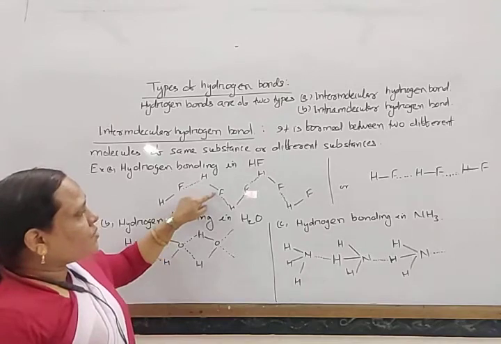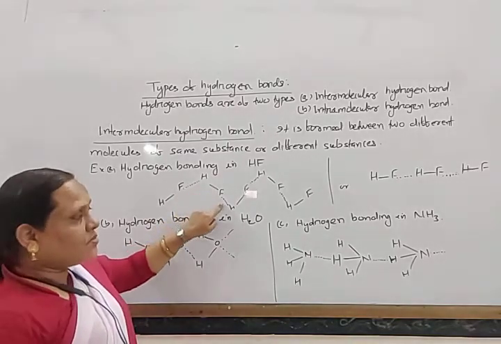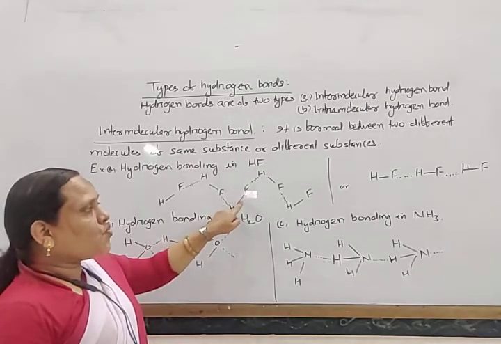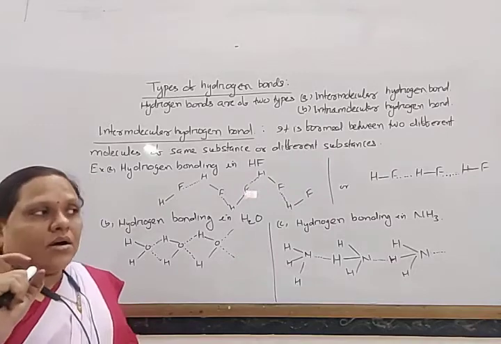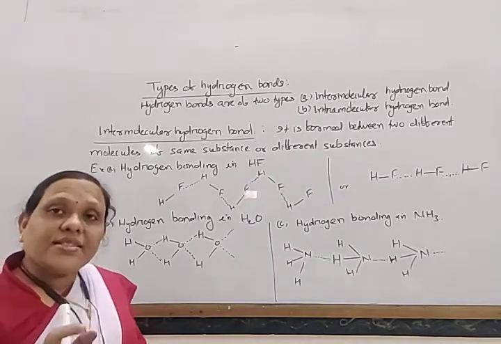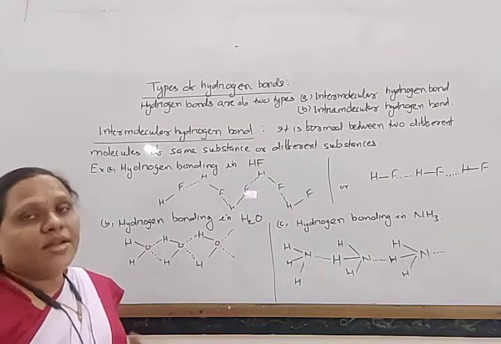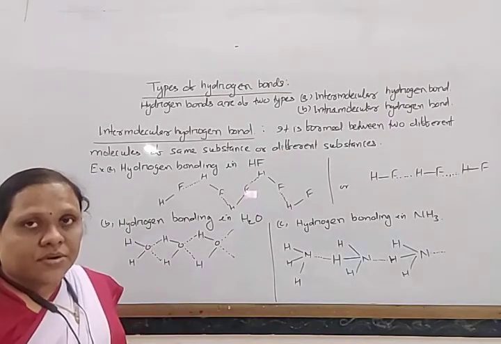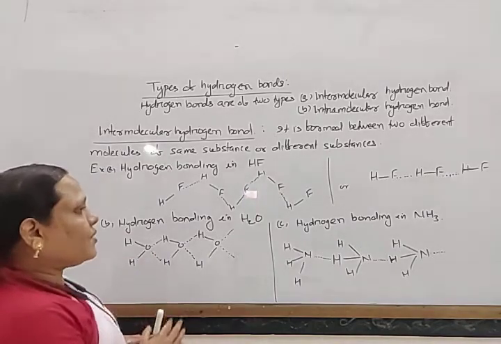And here also the fluorine atom is bonded in the same way, one side with a covalent bond, another with a hydrogen bond. The hydrogen bond has less bond enthalpy than a covalent bond. That means a covalent bond is stronger than a hydrogen bond. So a hydrogen bond is weaker than a covalent bond.